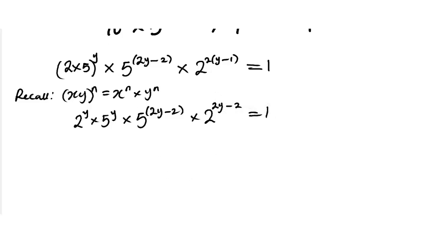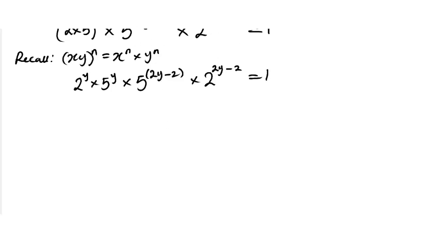There's something we need to look out for here, and we have to be very careful. I will do a recall again. This will really help us. If I have a raised to power x plus y, it is the same thing as a raised to power x times a raised to power y. It's very important. That's one of the laws of indices. So I want to decompose this one. Let me bring this down back.